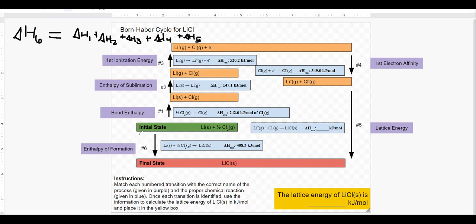So I'm comparing this pathway versus this pathway, because they both should add up and be equal to each other, because we're going from the same initial to the same final.